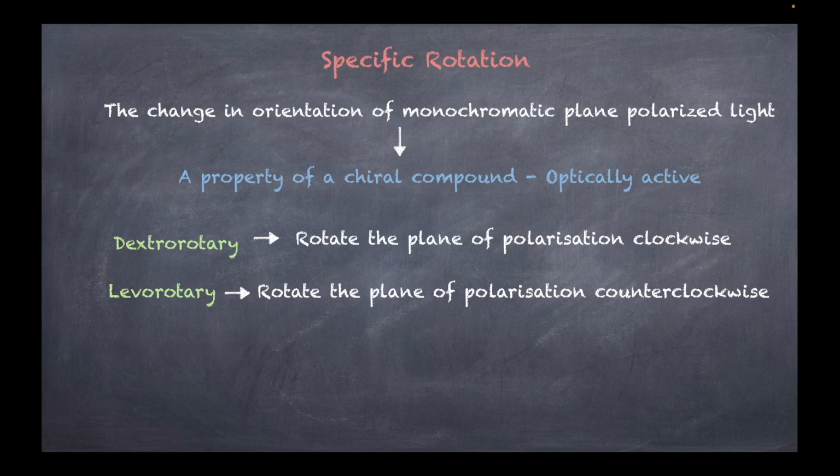The degree of rotation of the plane of polarization is measured by specific rotation. Here monochromatic means a single wavelength, not a mixture of wavelengths. So incident light has only a single wavelength.